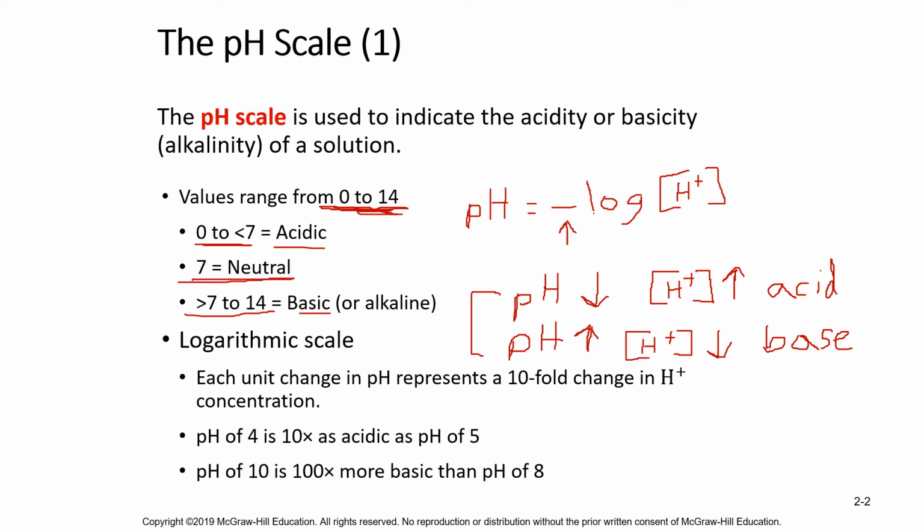Around 7 is mostly neutral. And that's the pH scale. Each difference in the pH scale, so 0 to 1, 7 to 8, 13 to 14, that is a factor of 10.